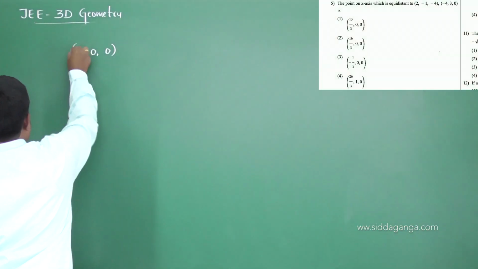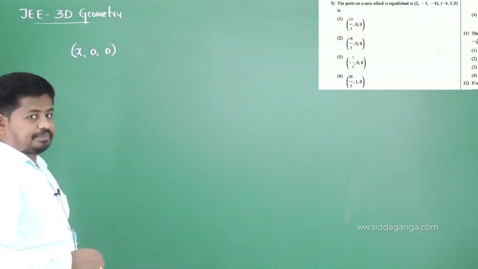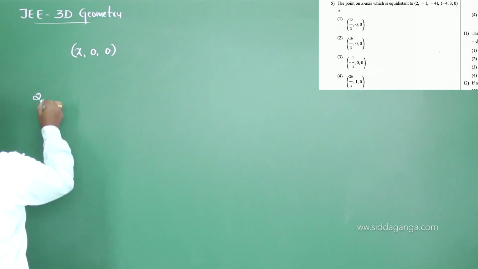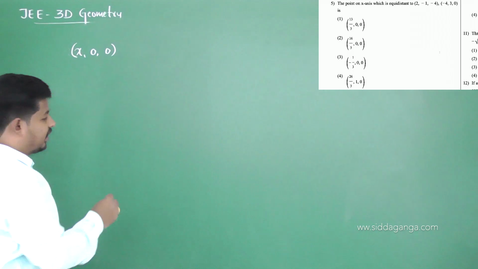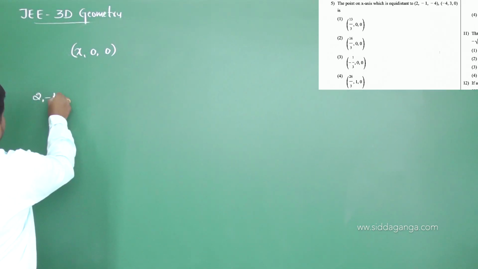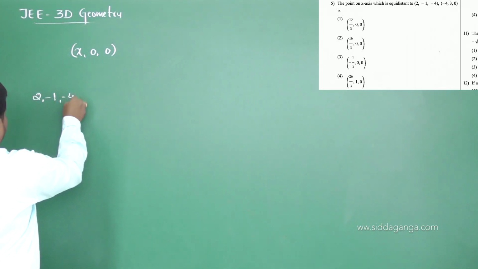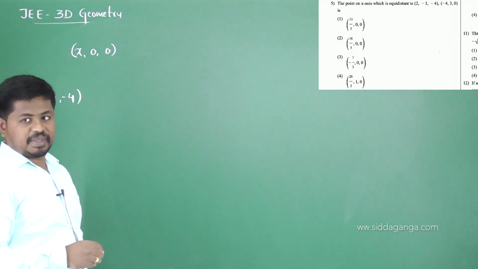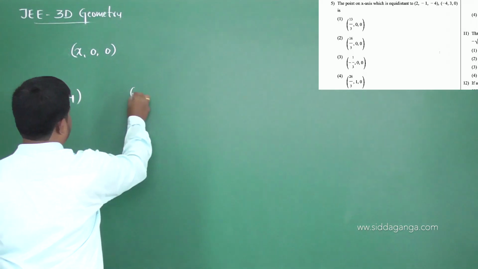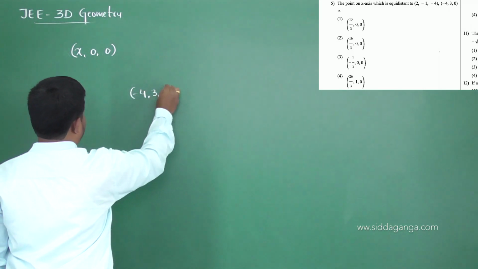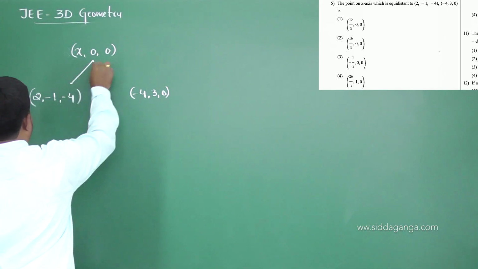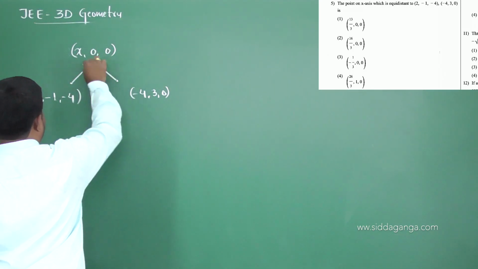This is any point on x-axis, and there are points given, that is (2, -1, 4), and one more point we have, that is (-4, 3, 0). They have said these are equidistant from the point (x, 0, 0).